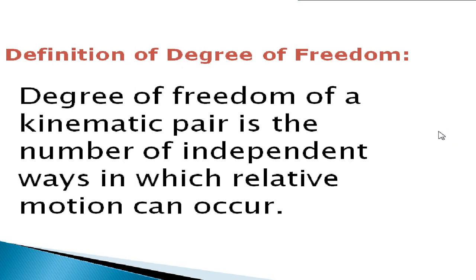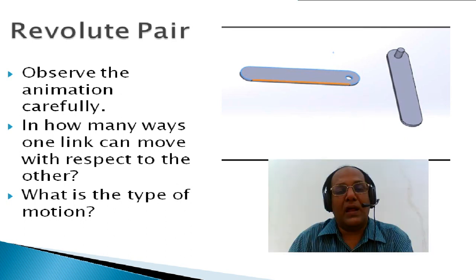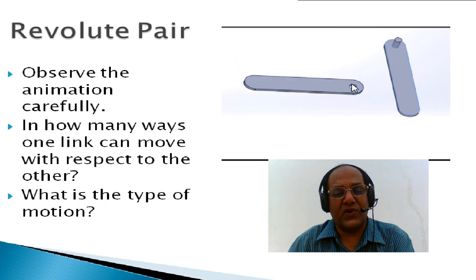We'll see several examples of kinematic pairs and try to bring out the degree of freedom of the examples we see. Let us begin with a simple example here. Let us try to observe the animation carefully. You can see that this is one link with a provision for connection.